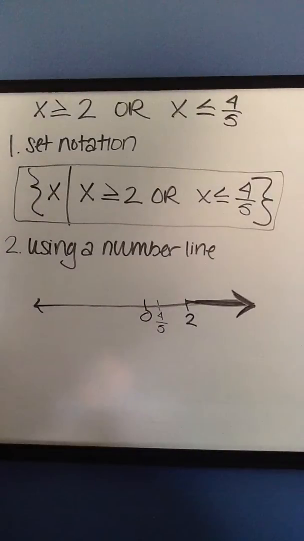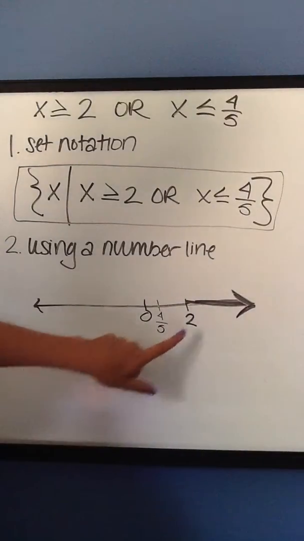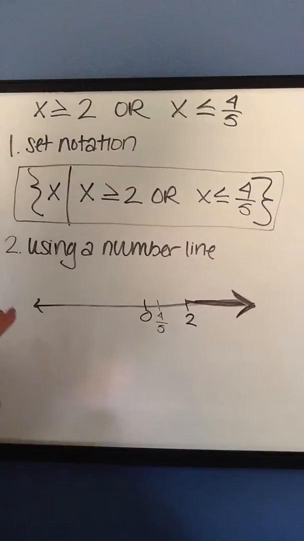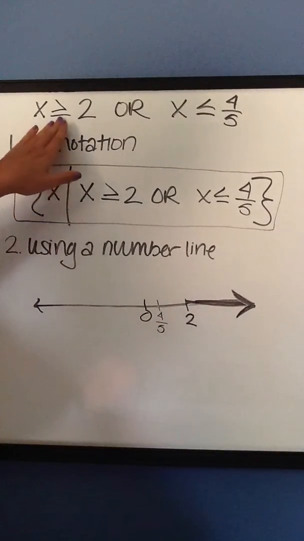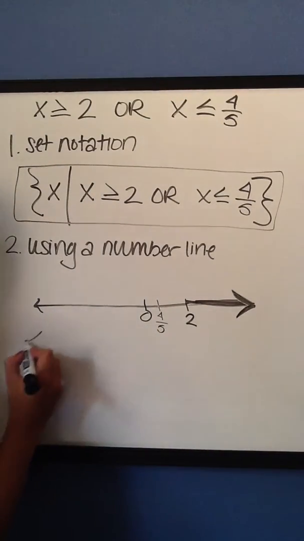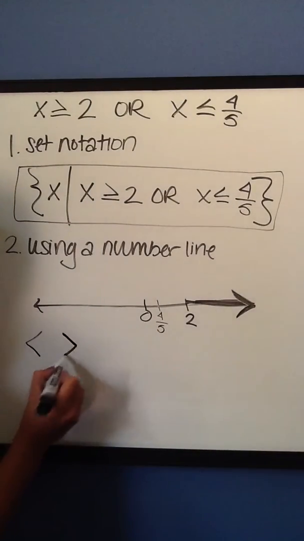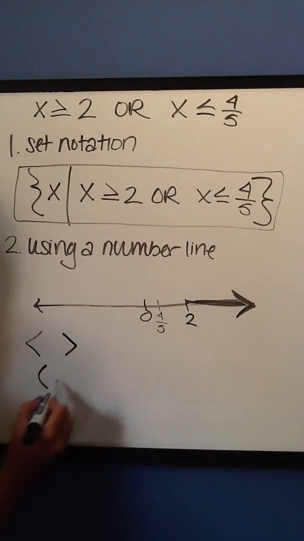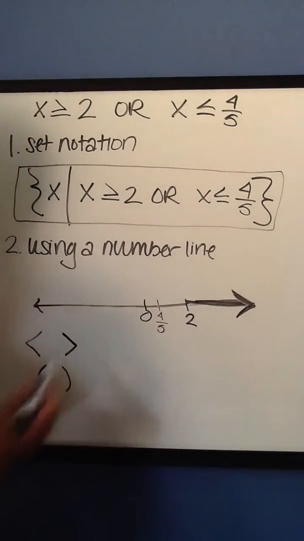And another thing to remember is that the way to denote whether you're going to include 2 or not is whether you use brackets or parentheses. So if you have a less than or a greater than sign, you're going to use parentheses on the number line to indicate that.